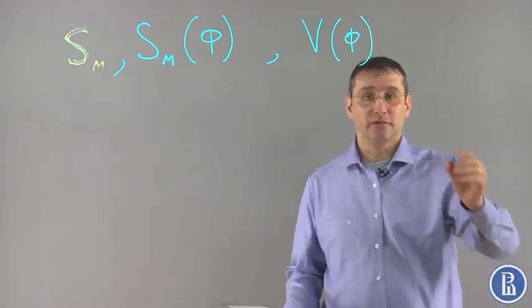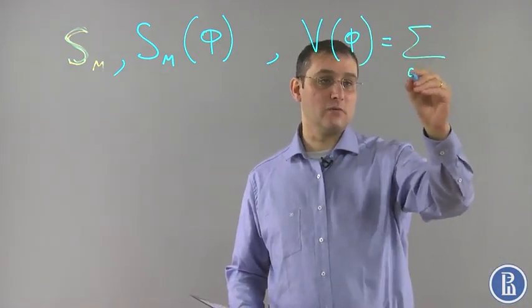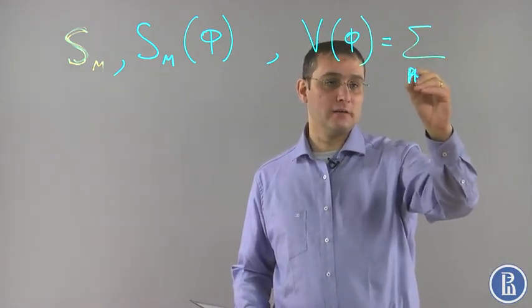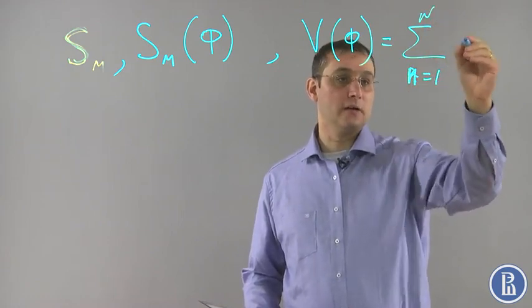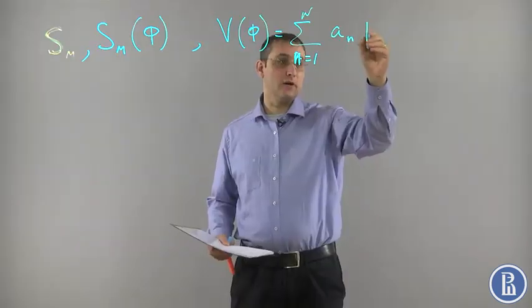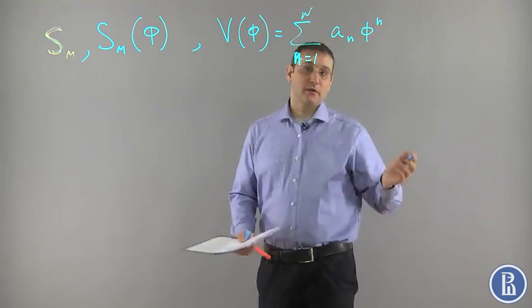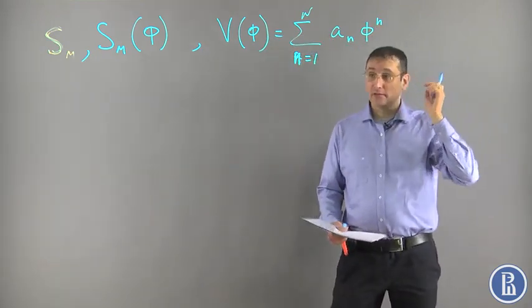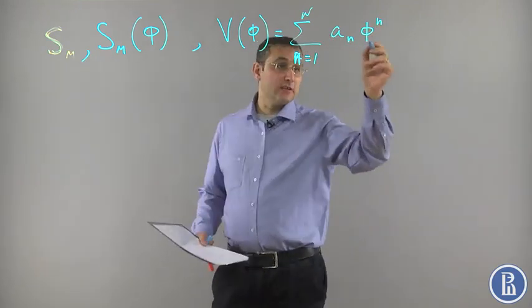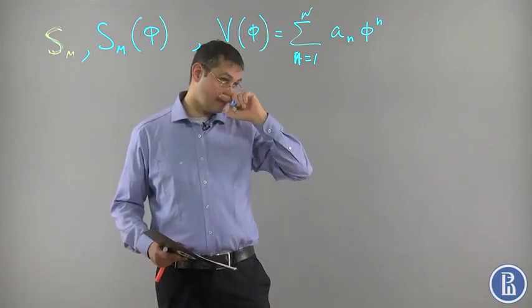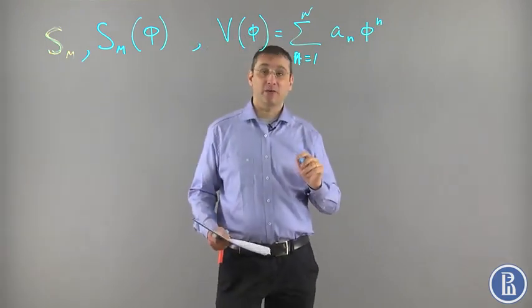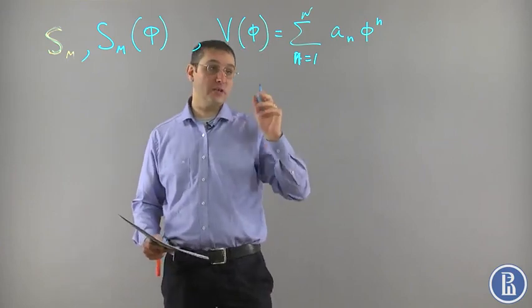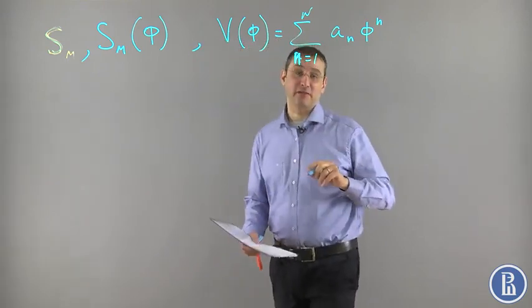Any polynomial of the scalar field, sum over n from 1 to N, a n phi to the power of n, is invariant. Well, but this invariant doesn't contain derivatives of the scalar field. So to have dynamical equations of motion for the scalar field, we need derivatives of the scalar field.